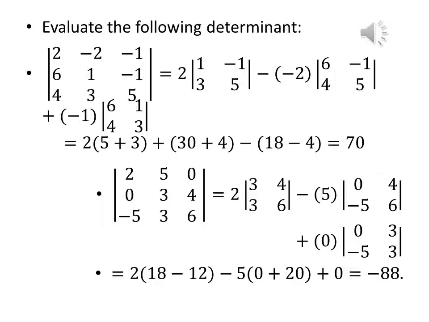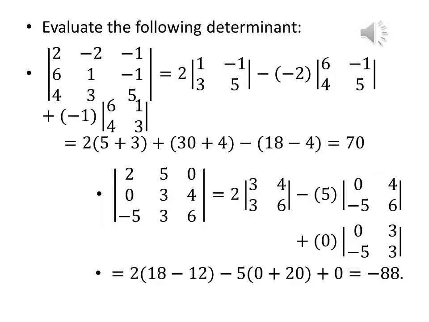We continue the solved examples. Example number 2, to show how to get the value of a determinant of order 3. The determinant is 2, negative 2, negative 1, 6, 1, negative 1, 4, 3, 5. How to get the value for this?